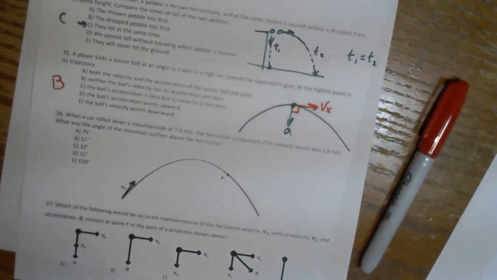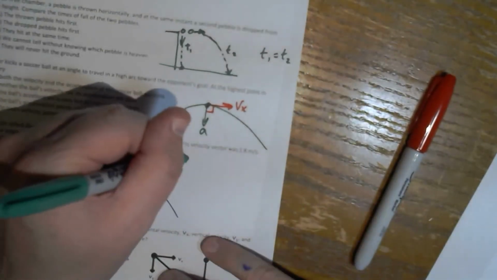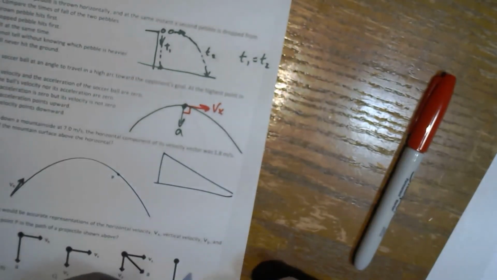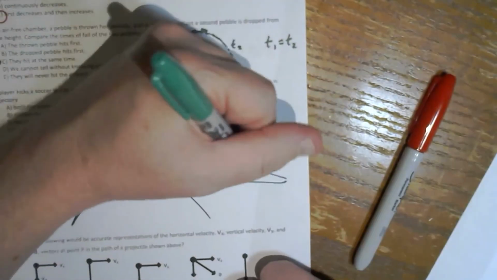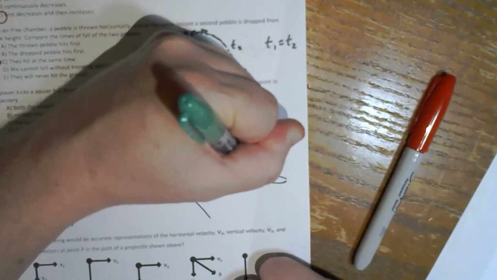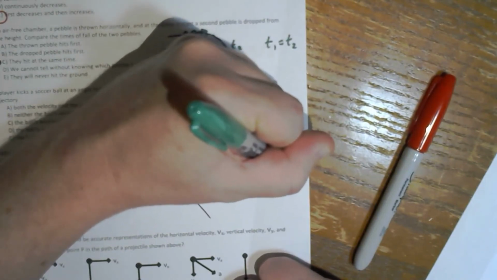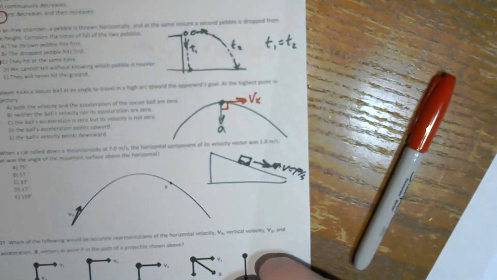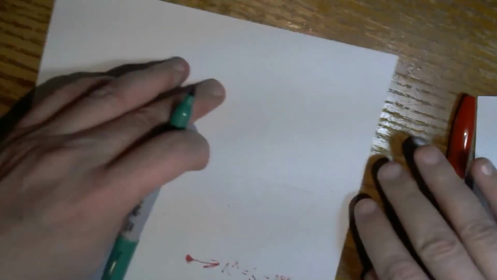36. This is just a little problem talking about vectors and angles. It says it rolls down along a mountainside at 7 meters per second. So it's moving, I guess that's a car, this way at v equals 7 meters per second. And the horizontal component of its velocity is 1.8. Here, let me do this on this blank page over here.